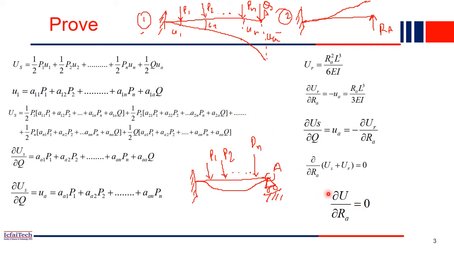If you take the derivative of strain energy with respect to the redundant force, we will get zero. Virtually we applied some load, and whatever the redundant force is, if you take the derivative with respect to the redundant force, you should get zero. This is the proof of this equation.